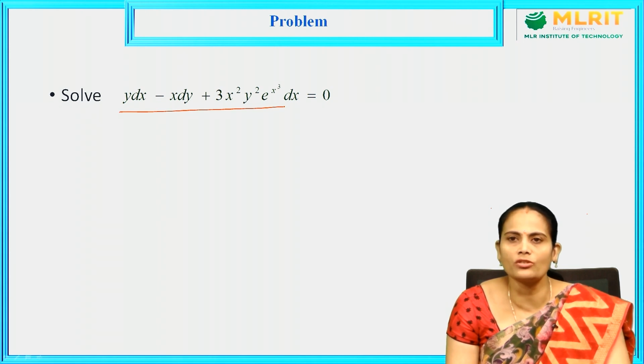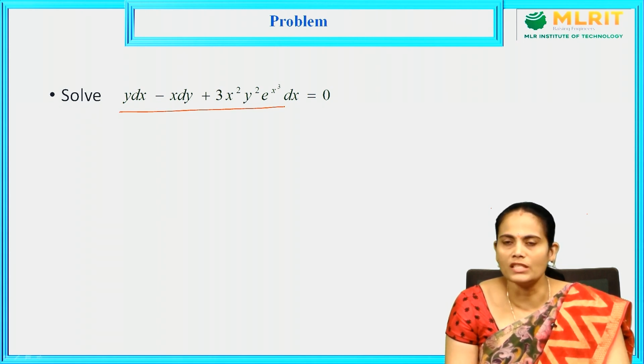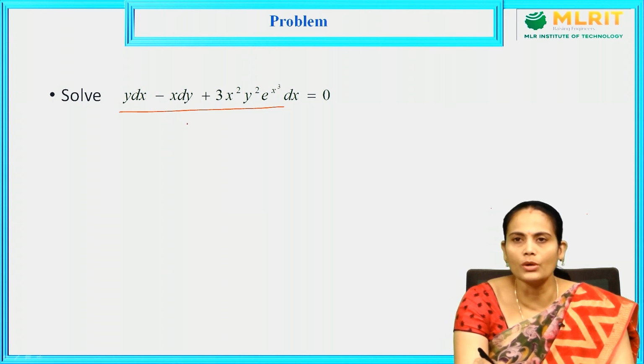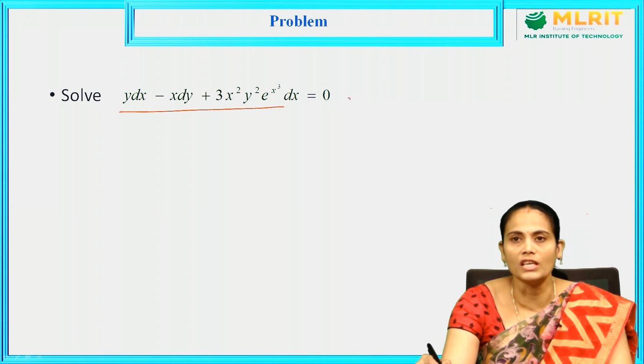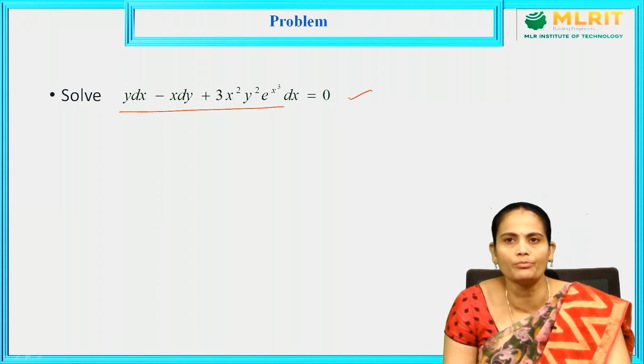Here we are using the inspection method. Whenever we use the inspection method, there is no need to verify whether the given differential equation is exact or non-exact. Directly we can find the general solution of the given differential equation using the inspection method.